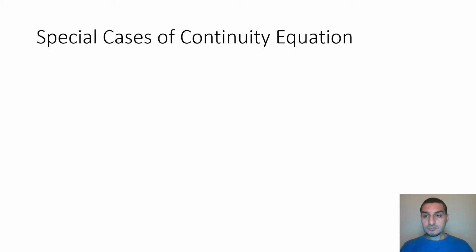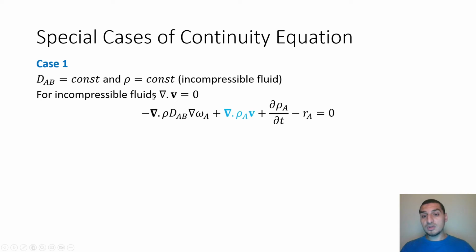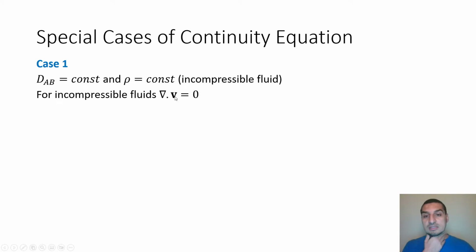So now let's go for the special cases of the continuity equation, and we have four famous special cases. The first special case is when we have constant diffusivity and constant density. Constant density means that we have an incompressible fluid, and from fluid mechanics and from the Navier-Stokes equation we can tell that for incompressible fluids the divergence of velocity is zero. And this is what we can use in this equation.